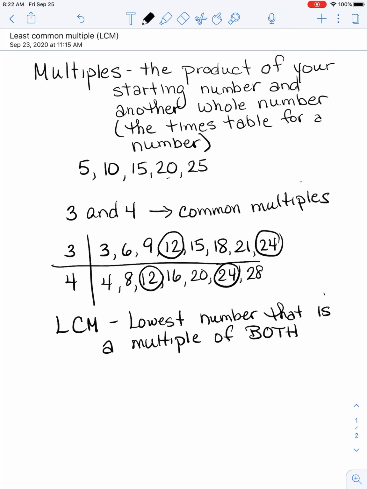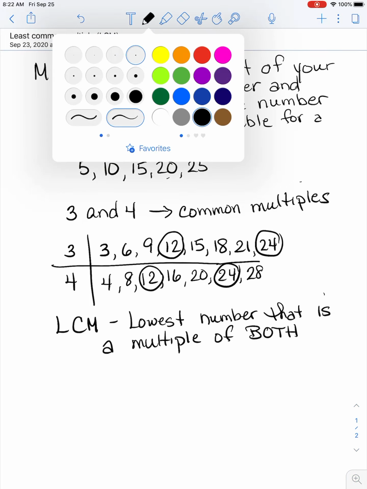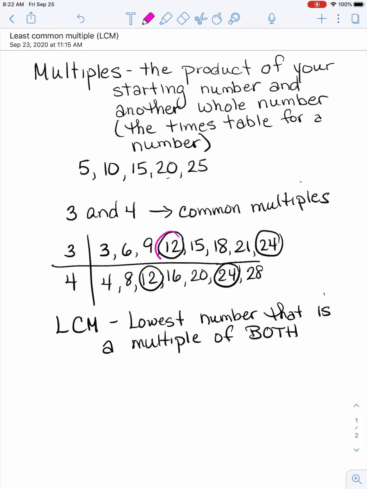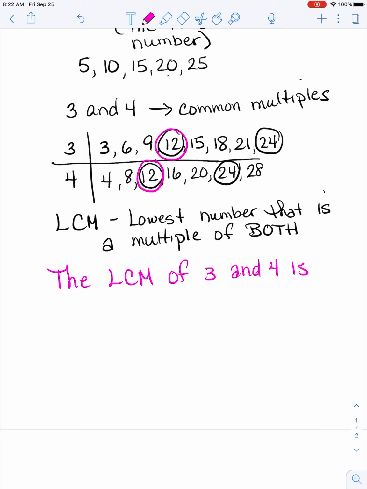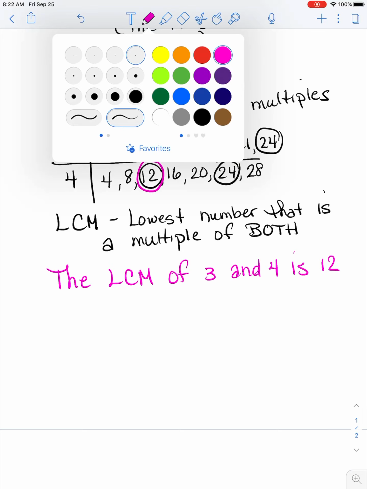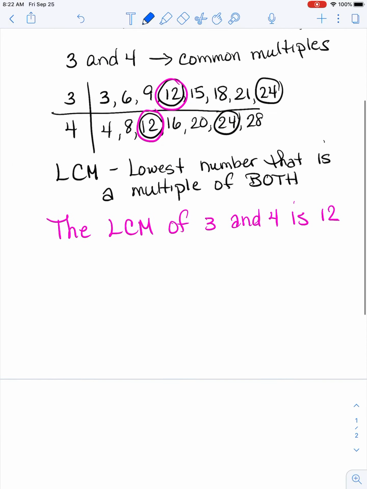And in this case, you can see that the lowest or least common multiple of 3 and 4 is 12. So the LCM of 3 and 4 is 12.